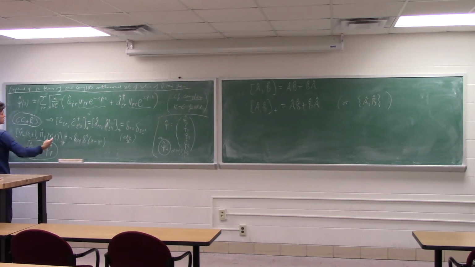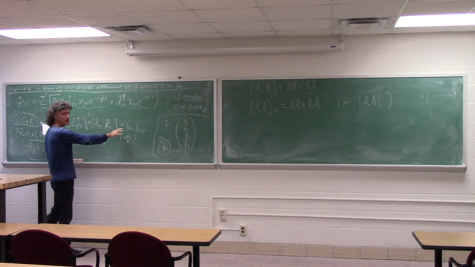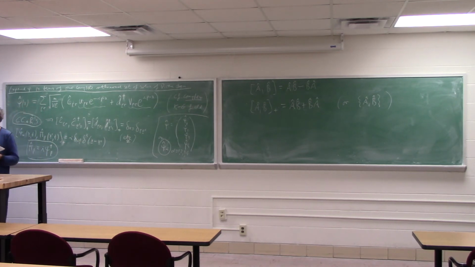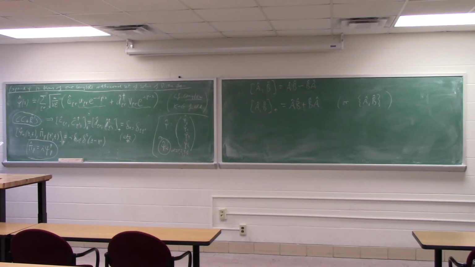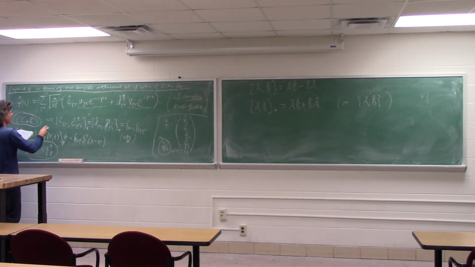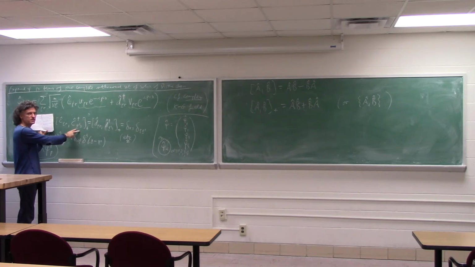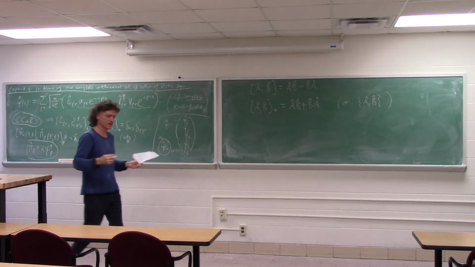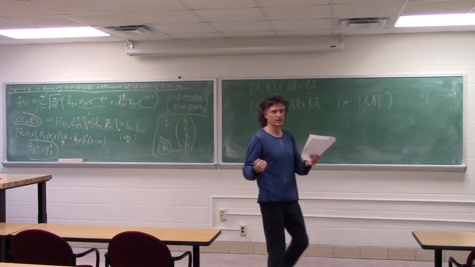This is how you quantize a fermionic field. You then plug in the field expansion and obtain anti-commutation relations for the coefficients c and c dagger. The way the book does it is a bit awkward. It says, let's impose these relations on the coefficients. The book doesn't do this step of deriving it from here, which is a bit unfortunate because there's a nice symmetry between the bosonic and the fermionic case.